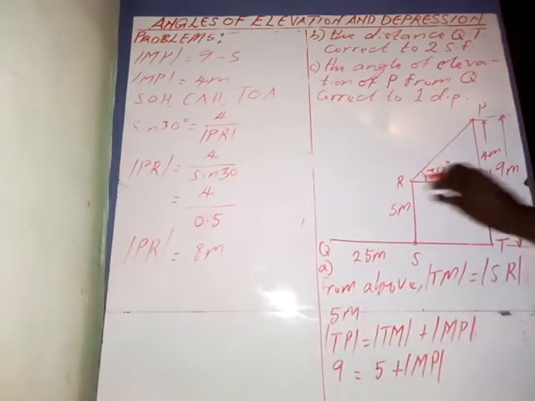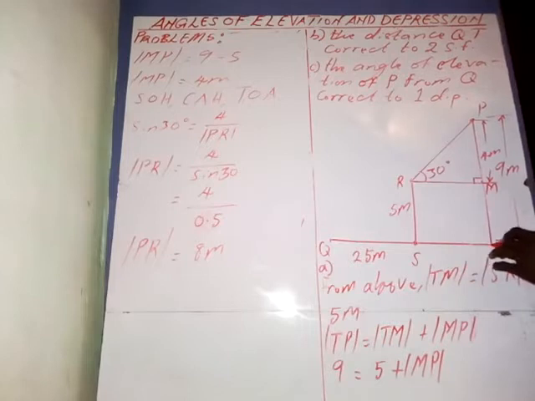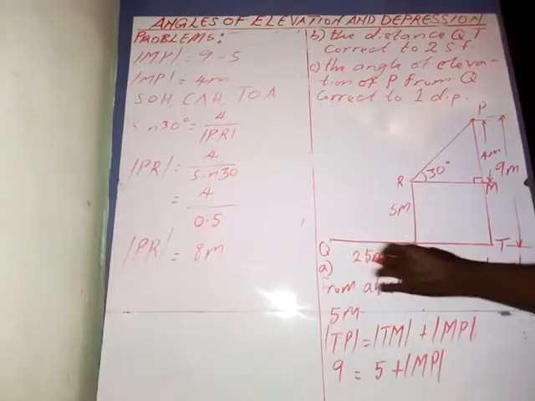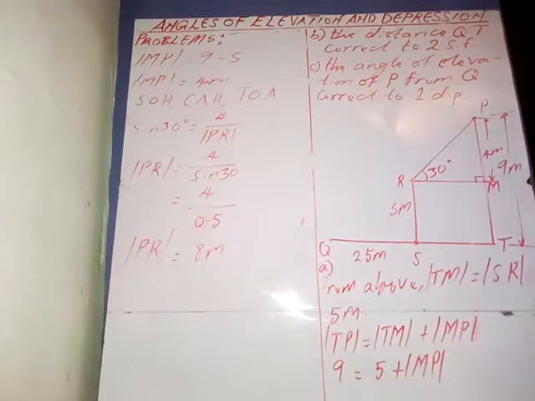As we know that RM is equal to ST, we get distance ST. Then whatever we get for ST, we just add it to this 25, which is QS. So let's look at how that can be done.